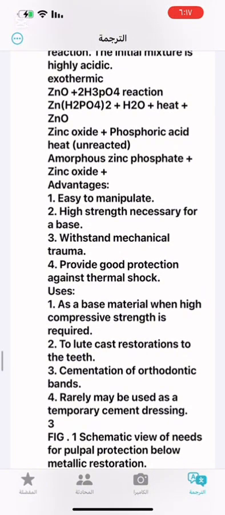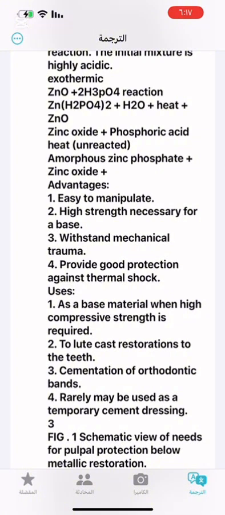As a base material when high compressive strength is required. 2. Luting cast restorations to the teeth. 3. Cementation of orthodontic bands. 4. Rarely may be used as a temporary cement dressing.